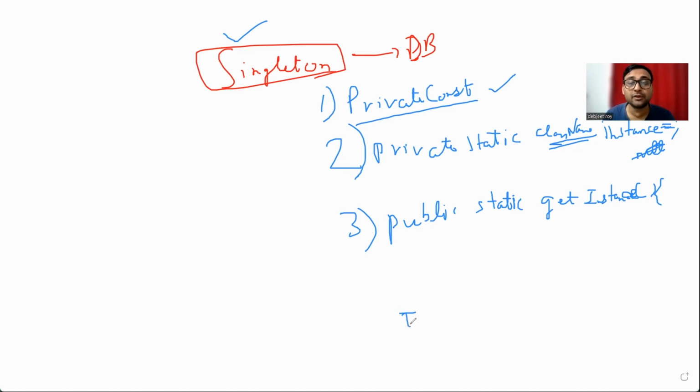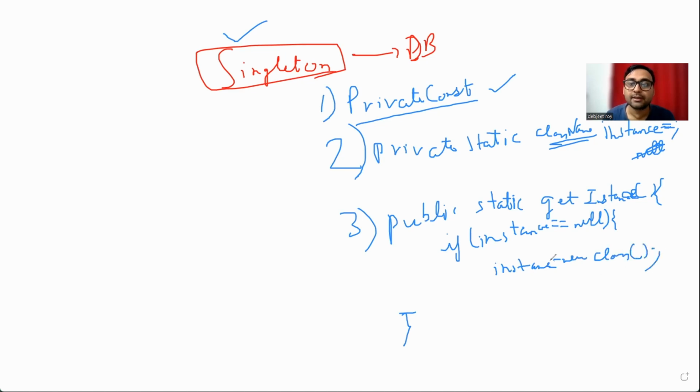So for that, what will you do over here? You have already created instance. You will implement: if instance is equal to null, if instance is null, then we will be creating our singleton class object. So we will write here instance equal to new class, whatever is the class name that you have.